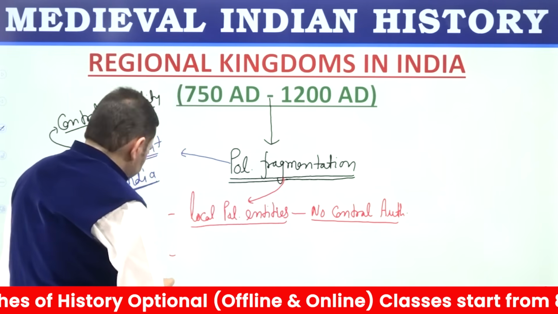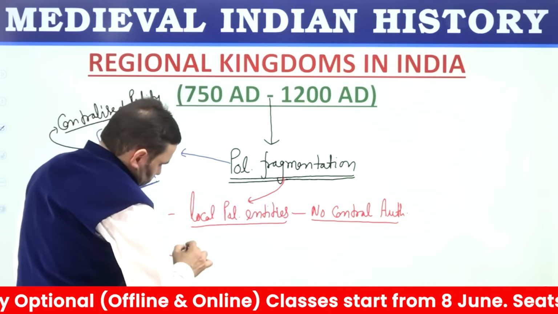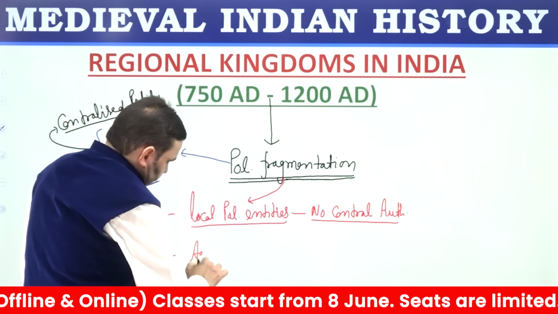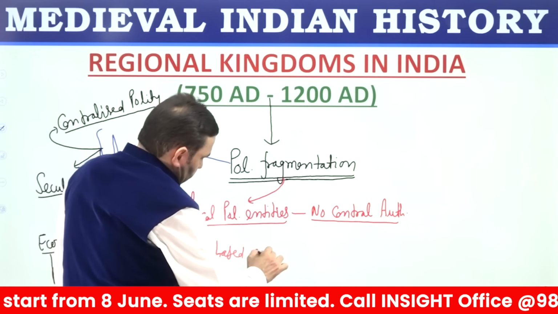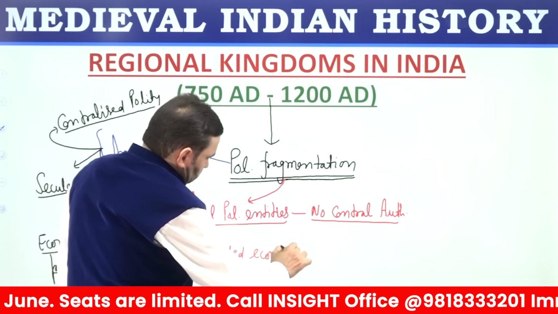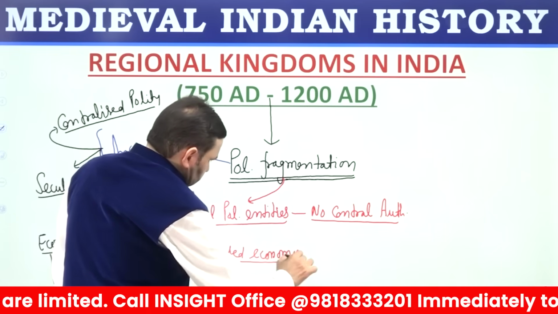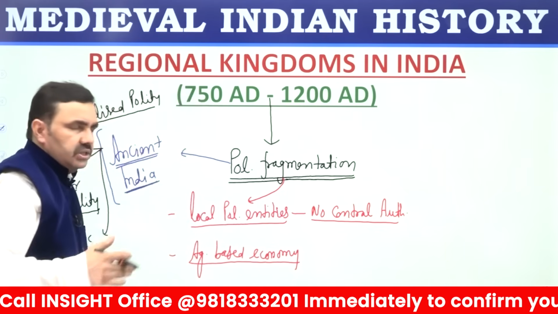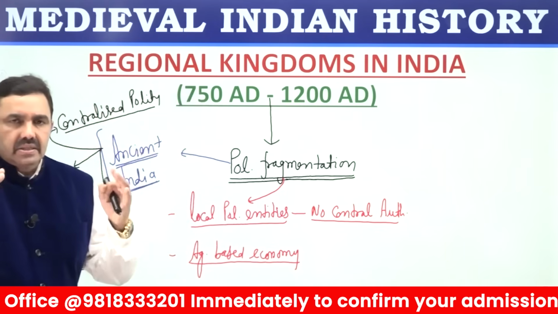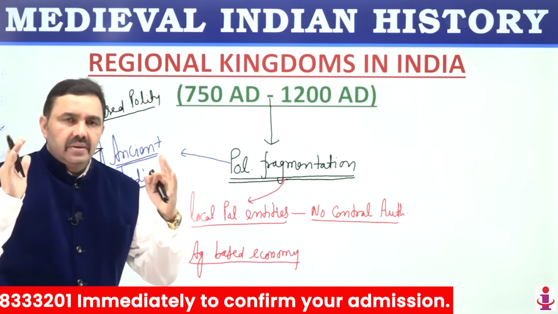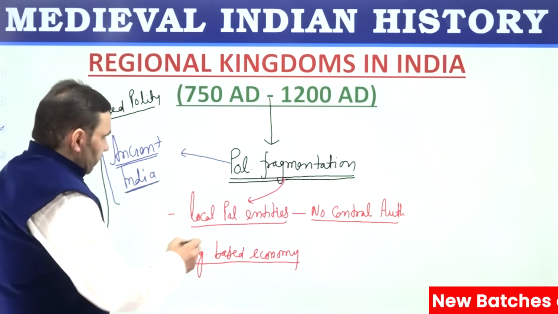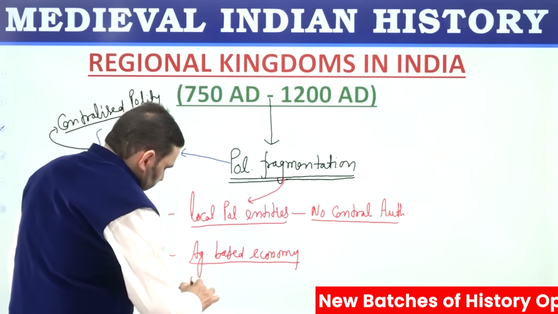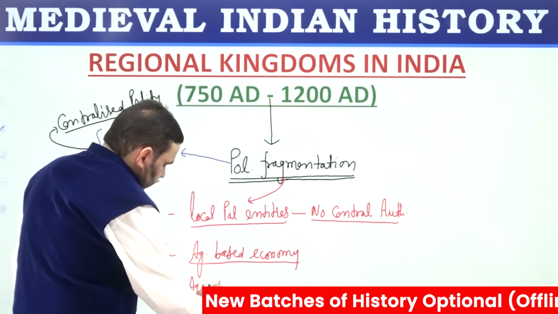Then we find here an agriculture-based economy. Secondary activities, that is industries and crafts, and tertiary activities, that is trade and commerce, were not very well developed or were not very significant. We find here this was the age of invasions.